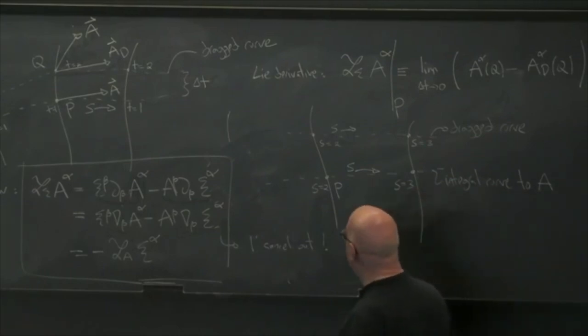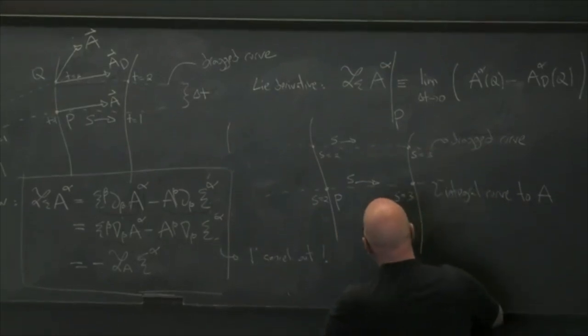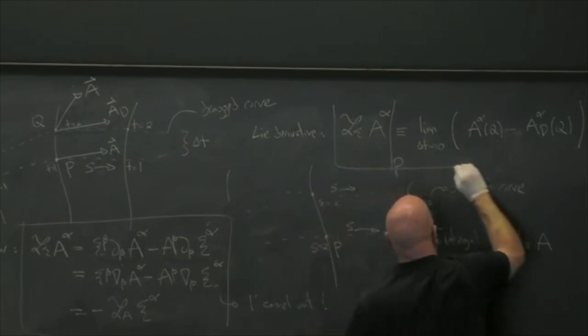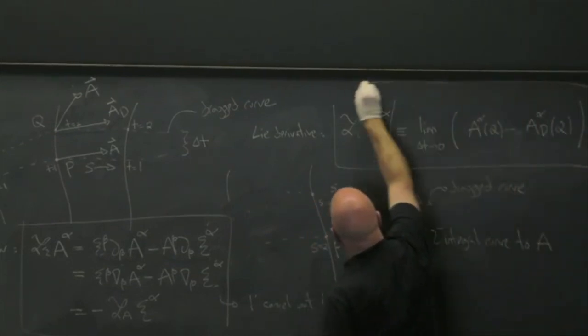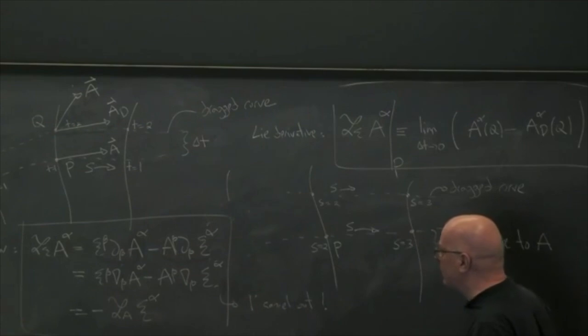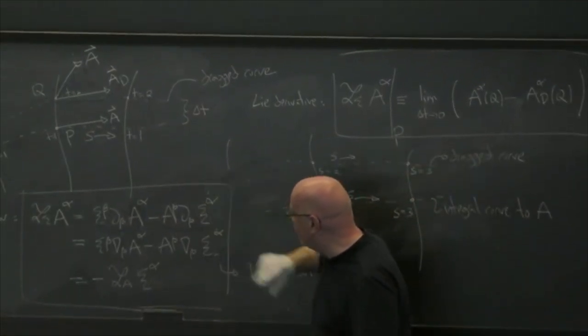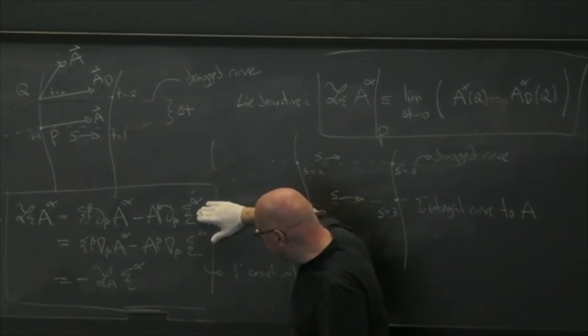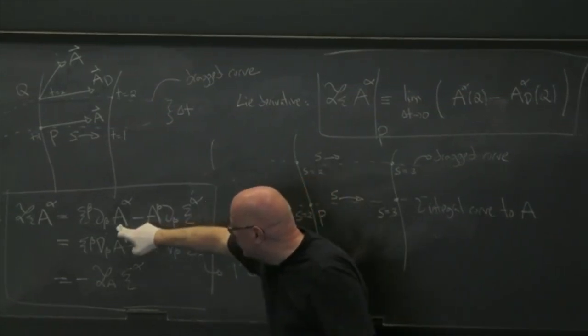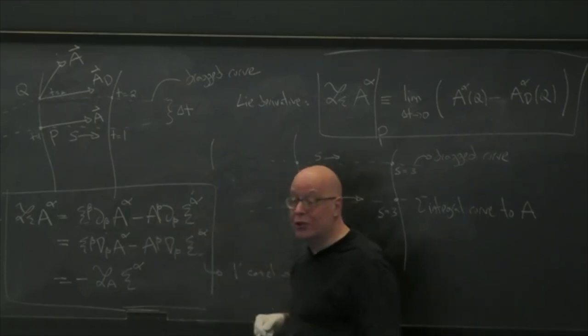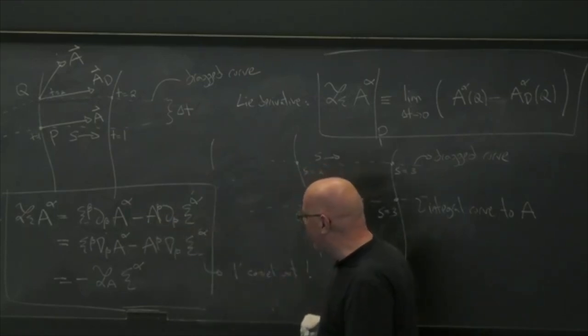All right. So bottom line is that we've provided a very geometrical definition for the Lie derivative in terms of those operations that we defined here. And we'll show in a moment that the definition gives us this involving non-vectors, but the difference of two non-vectors turns out to be a vector.